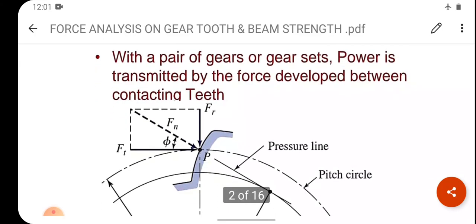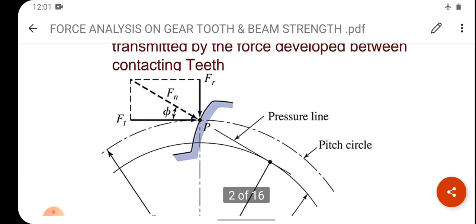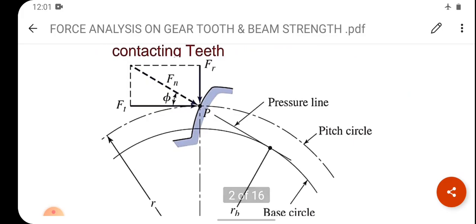Here I have drawn a diagram of a single gear tooth. See this diagram. I have made a shadow on the left hand side, half of the gear tooth. This is not the complete tooth of the gear. This is half gear tooth.